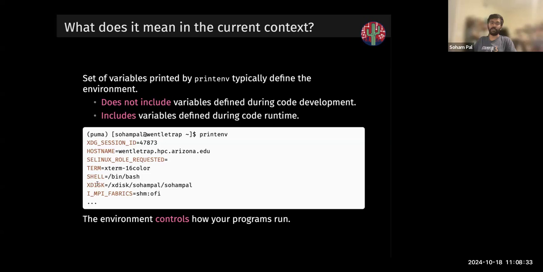If you want to access this location XDISK and you use this variable XDISK, then it needs to be defined before you can access that. So that is what I mean by environment here, and we're going to see how that affects the way your program executes.